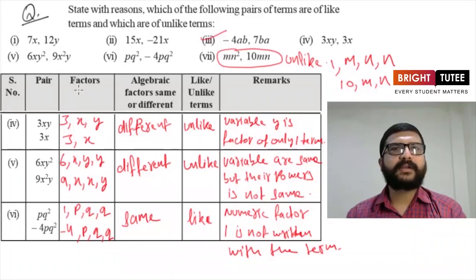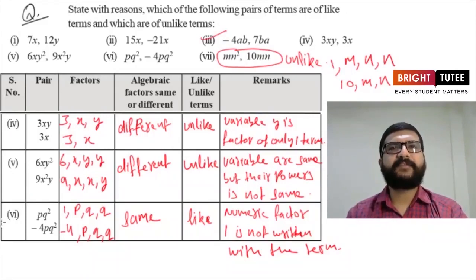We don't care about the numerical constants or the numerical coefficients. They can be different also. We are not worried about that. We are only worried about the variables used in the terms, or the algebraic factors. We call them algebraic factors. Algebraic factors should be exactly same. Then only terms are like terms. And if the terms are not like terms, they are unlike terms.